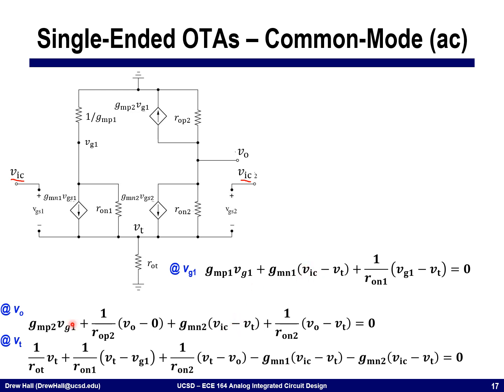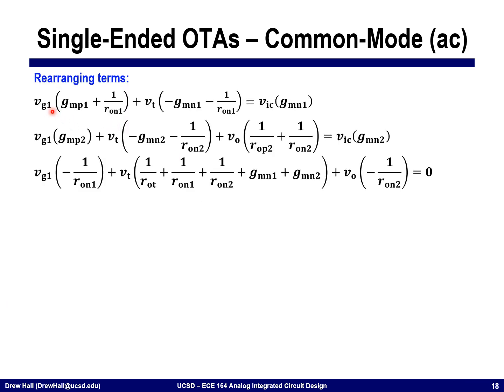Okay, and so we're going to repeat the same expression at the output voltage, and we're going to repeat this at the tail node, and we're going to get these expressions. When I rearrange all of the terms to pull out VGs, VTs, and VOs, you'll see that we're left with this expression. I'm going to do the exact same thing of having 1 over GM in parallel with R naughts.